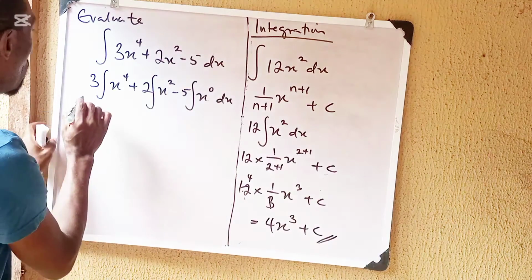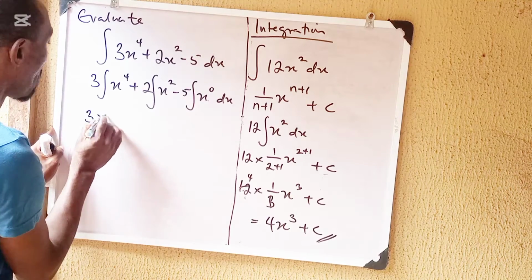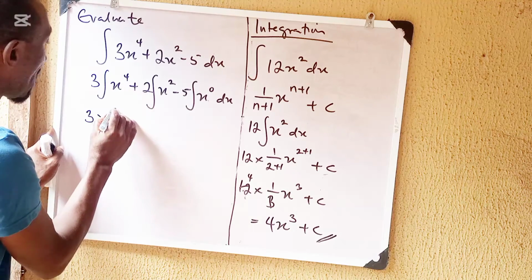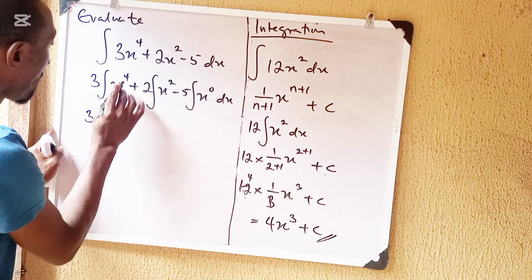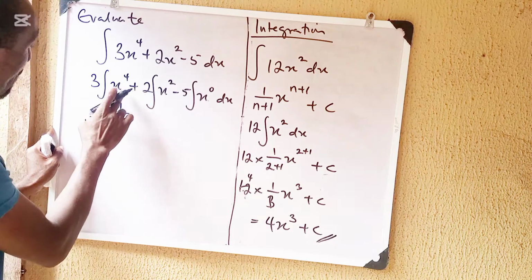So here we now have 3 multiplying 1 over n, which in this case is 4.